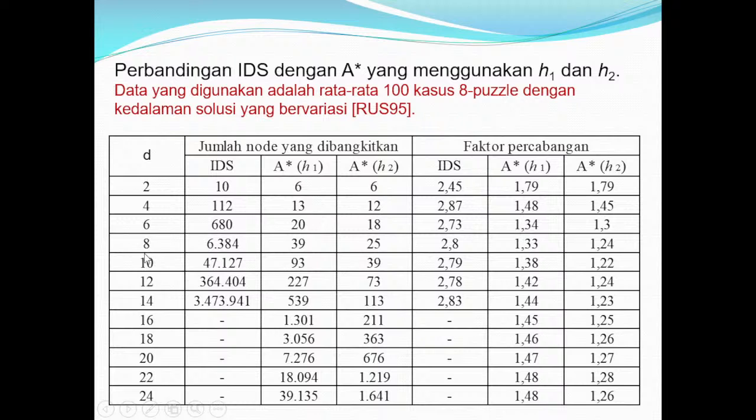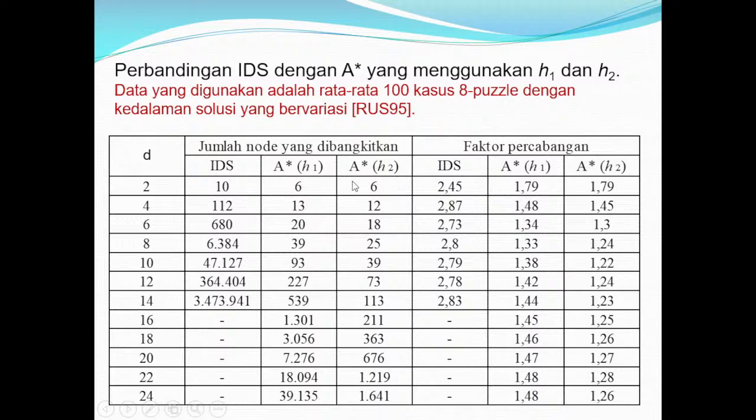Meanwhile, for more complex problems, for example when the solution is at the 10th depth, the second heuristic generates a smaller number of nodes, which requires smaller memory as well as a faster computational cost compared to the first heuristic. So that's why, when we deal with heuristics, make sure that our heuristic is as close as possible to our actual cost.